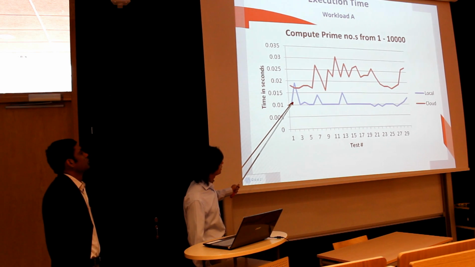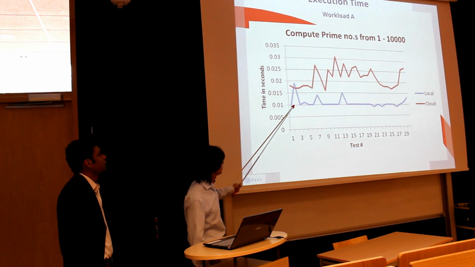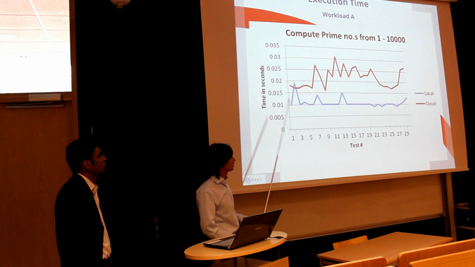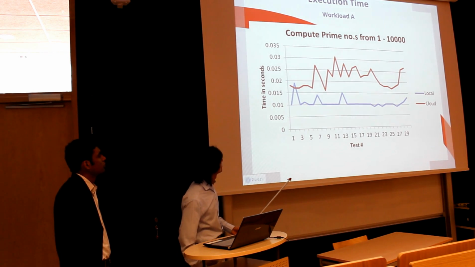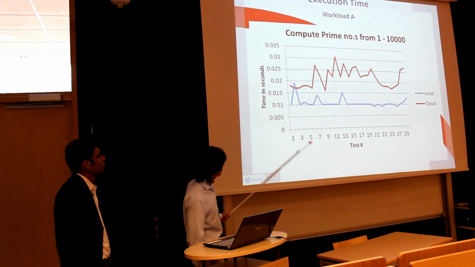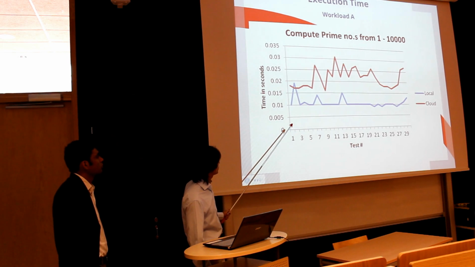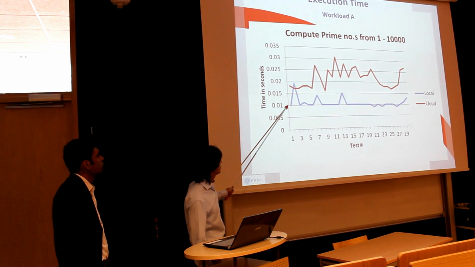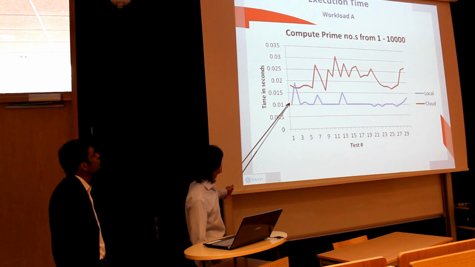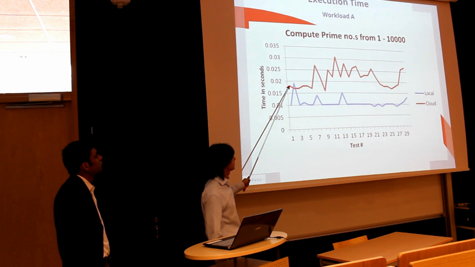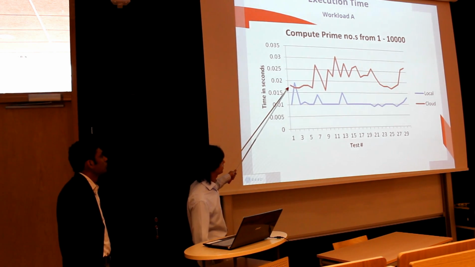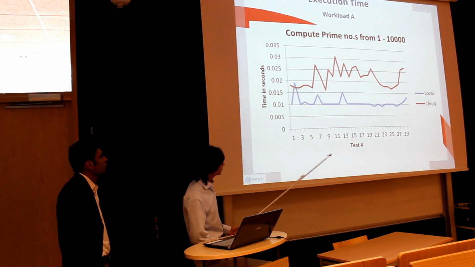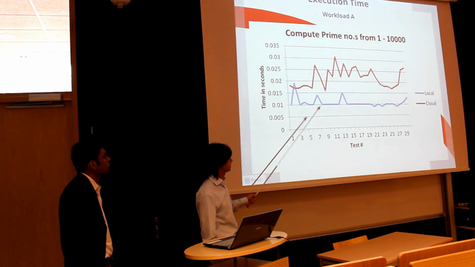The blue line represents the local web server, and the brown or red line shows the cloud web server. As you see in the first experiment for workload A, the local web server took 0.01 seconds. On the other hand, the cloud web server took 0.02 seconds. So here you can see the cloud web server took more time as compared to the local web server. In this way we conducted all 30 experiments.